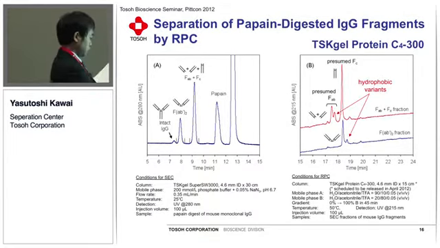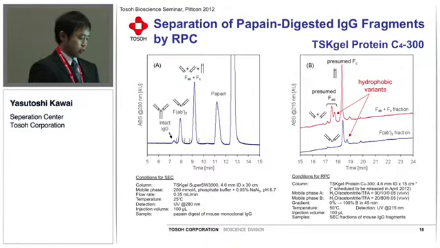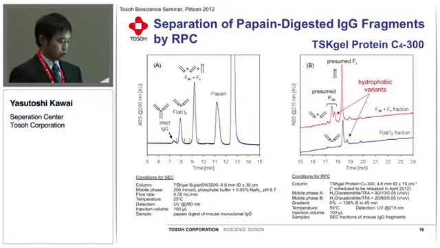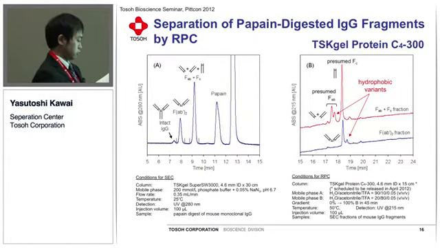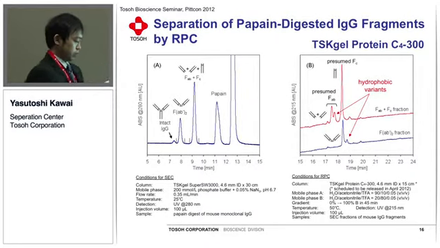Each fraction of antibody fragment was collected and then applied to RPC column in the right figure, the column named TSKgel Protein C4-300.